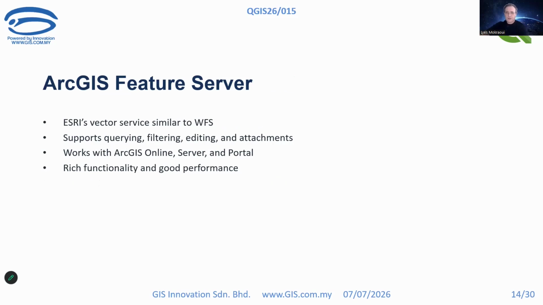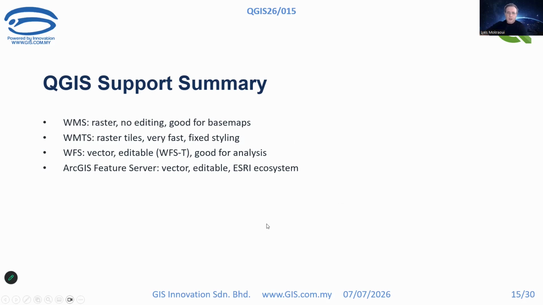ArcGIS Feature Server is proprietary in the sense that it is developed by Esri. It is similar to WFS and supports querying, filtering, editing, and attachments. It works with ArcGIS Online, Server, and Portal. It has rich functionality and good performance as well, same as WFS.